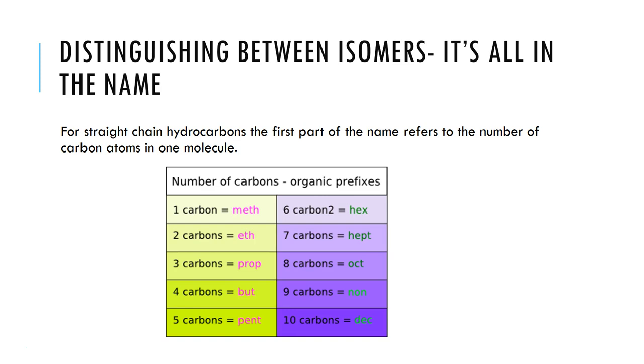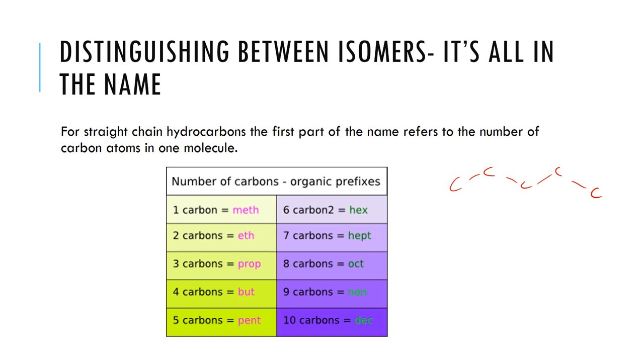Okay, the way that we name these is essentially like a set of coordinates that tells us where the carbons all go together. So for straight chain hydrocarbons, those ones that just go together all in a chain, like this, the first part of the name refers to the number of carbon atoms, and hopefully you figured that already.